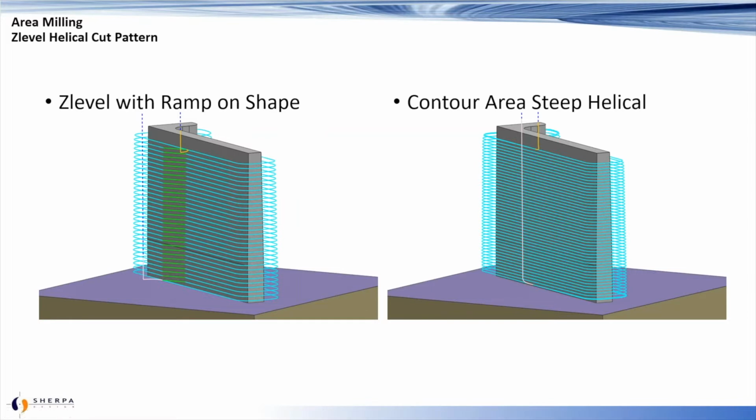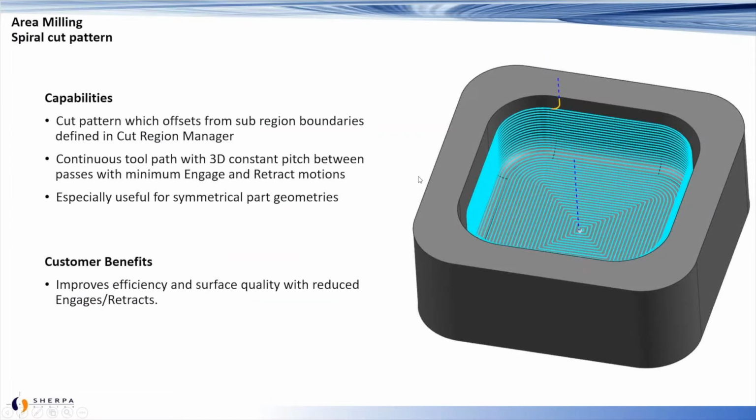Not too bad, but not exactly the most efficient. Now you can just start and ramp on down the part, and so it's a nice continuous cut pattern that really can improve tool life and decrease runtime.